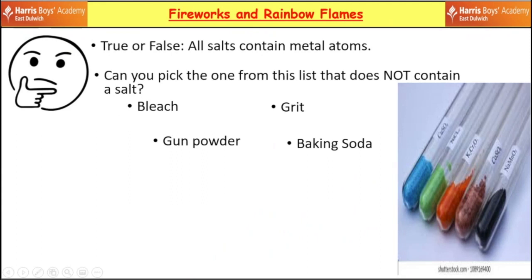Now, can you imagine, gentlemen, a baby that you've just fed? They would take in the food, which is a form of energy, and then they would be hyperactive for a few minutes, and then they'd probably go to sleep because they're tired after that. Think about your atoms in the salts like that. They will absorb all of that heat energy, but they can't keep it for very long.